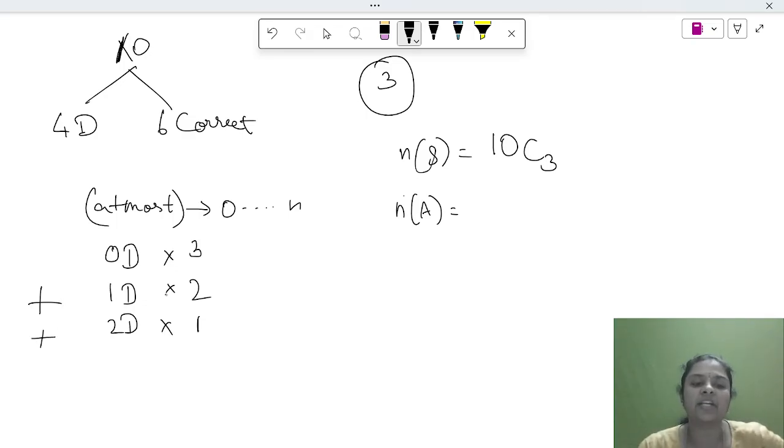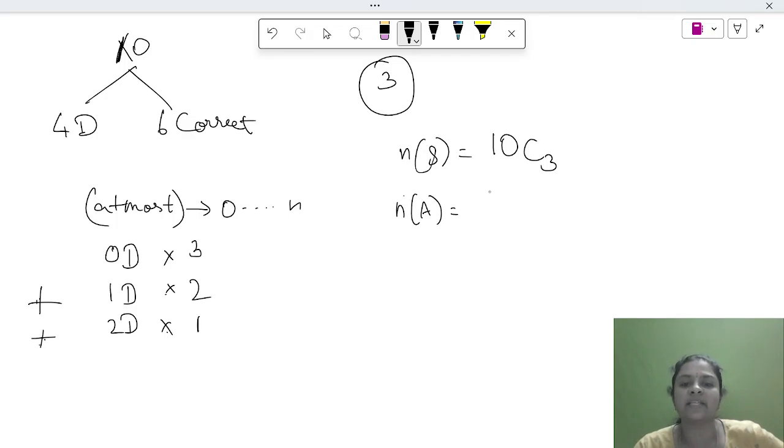Where there is an 'and' condition, multiplication; where there is an 'or' condition, addition. Same type of question as yesterday's ladies and gentlemen question. Same logic.